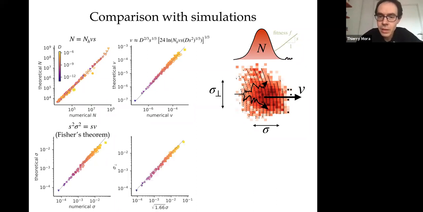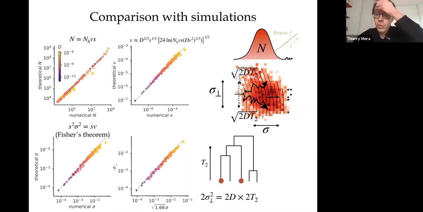We can do something even better, which is that we can also predict the width in the perpendicular direction. The prediction is that the perpendicular width is the square root of 1.66 times the parallel width. The fact that it scales linearly maybe is not surprising, but where does this come from? To see how we can predict this, we imagine two strains of the bug, and we ask how far apart they are in this perpendicular direction.